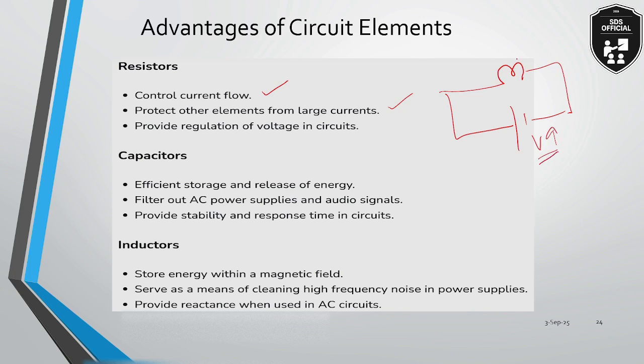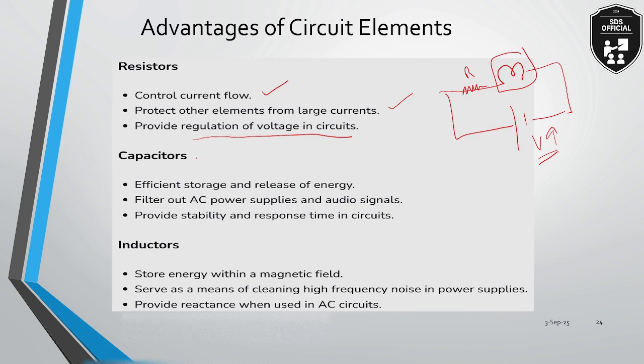What will happen? It will blow out this bulb. Now if you want to protect this bulb, just connect a resistor in series with that particular bulb. It will protect against the overflow of current. In a similar way, it also provides regulation of voltage in the circuits. Regulation means to control the voltage.